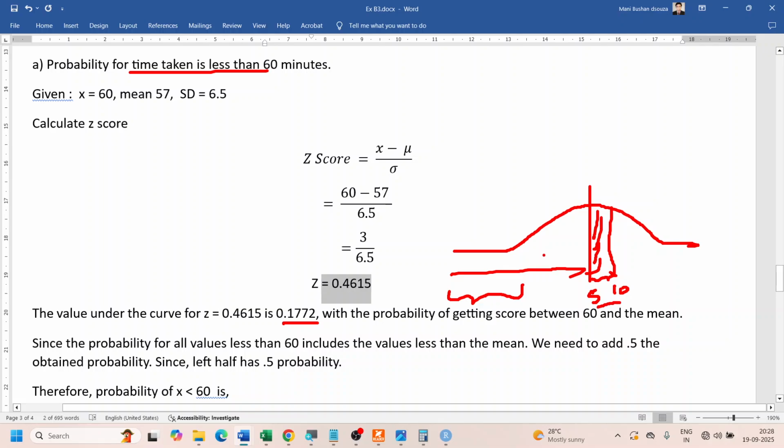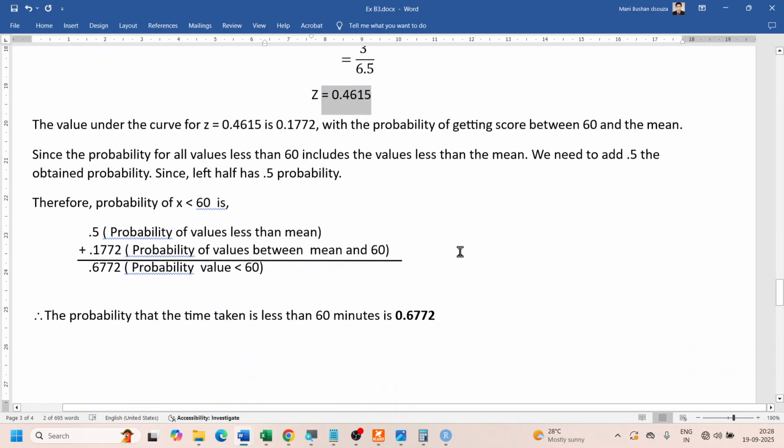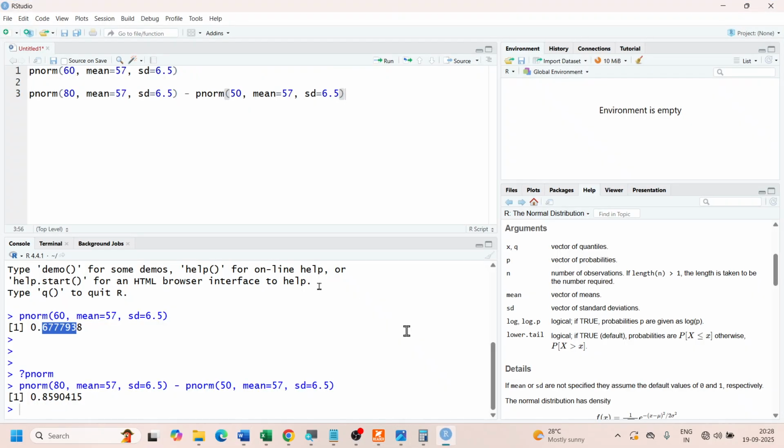The remaining 50% value is 0.5. So you have to add that 0.5 to the value you are getting, 0.1772. Add that and you are going to get the value as 0.6772, which is also the same as what I have shown you here. So 0.677, and R will give you a much more accurate value, whereas when you do the calculation you will get approximately that value.